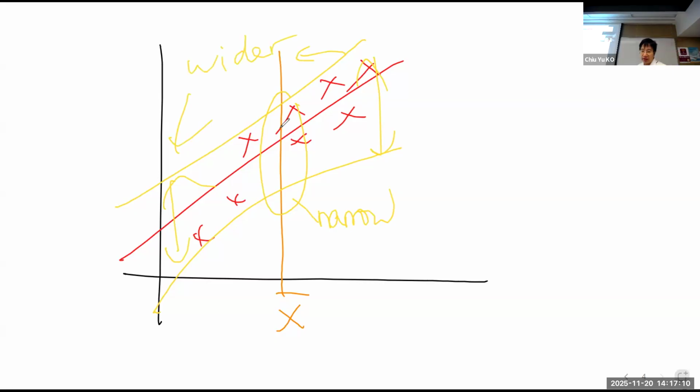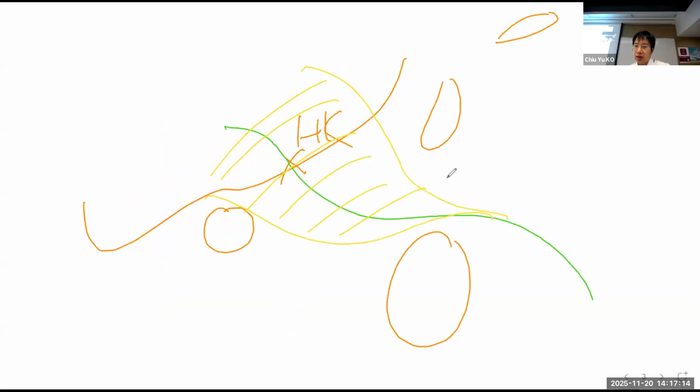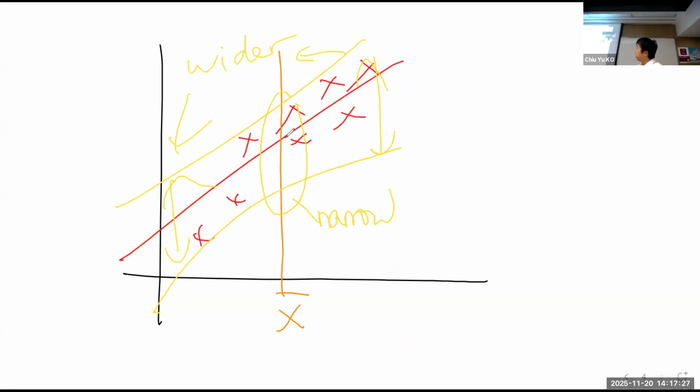Why? This is the same idea as this, right? When you're closer, when you're very early, you have more confidence. But when you're later, when you're further away in time, you get less information. So same as here. When it is near the mean of X, we have a good idea what's going on.